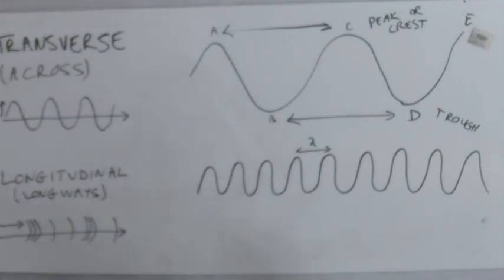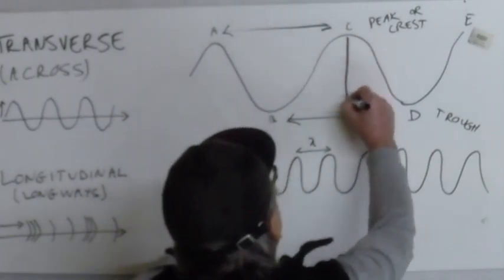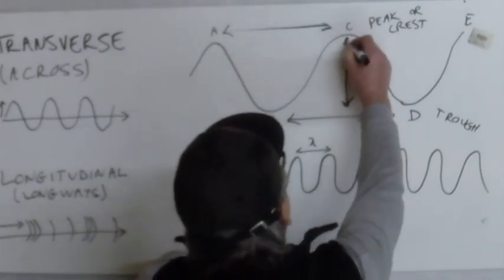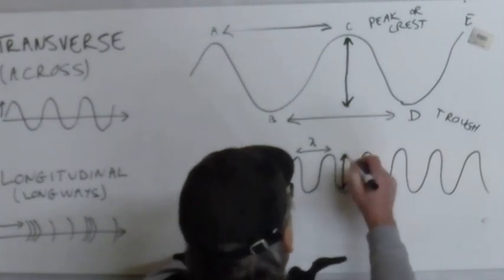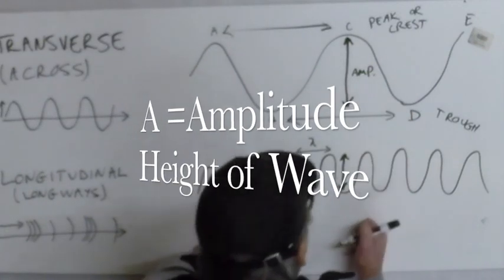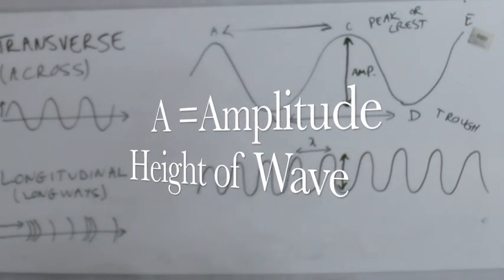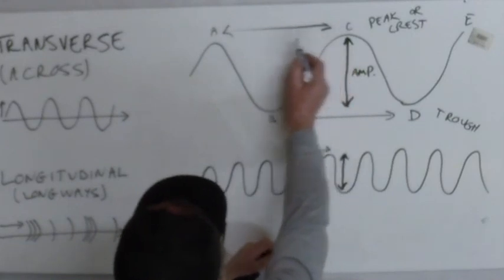Okay? You can also see from these 2 waves that this one is a lot taller in this direction, isn't it, compared to this one. This is what we call amplitude. The height of the wave is the amplitude of the wave, how much movement there was, whereas this is the distance that it's moving.